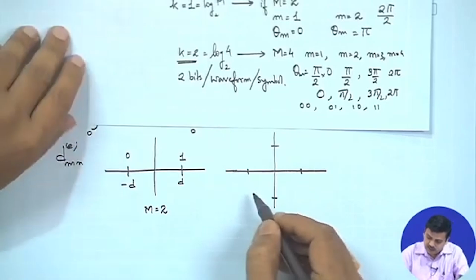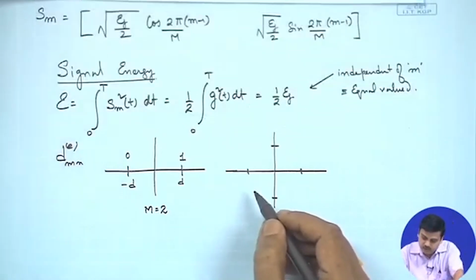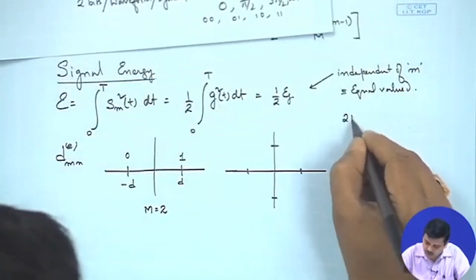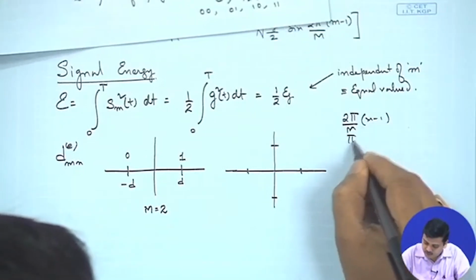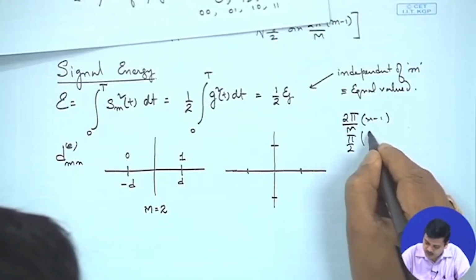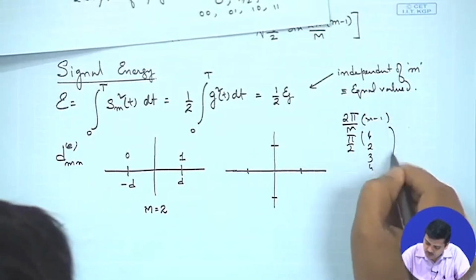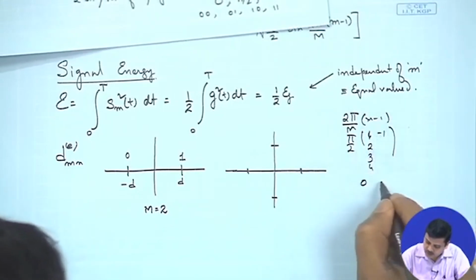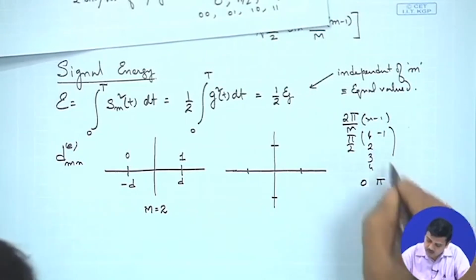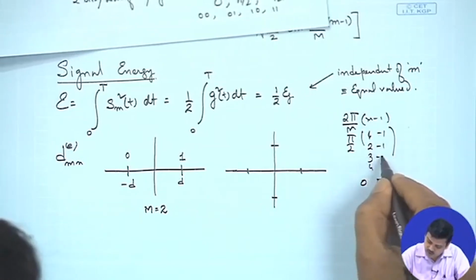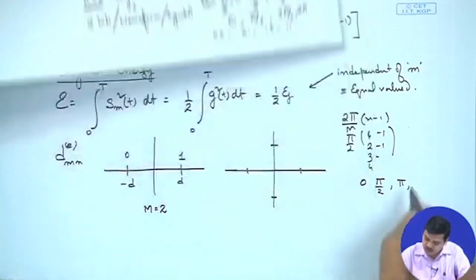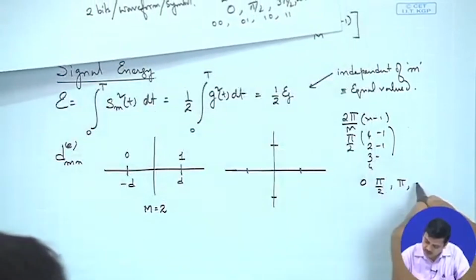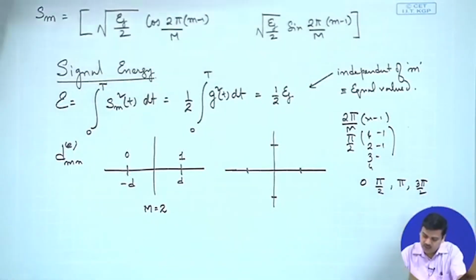These are the 4 phases that we would get. We just need to work it out: 2 pi upon M multiplied by m minus 1. That is pi by 2 multiplied by 1, 2, 3 and 4 minus 1. So, you get 0, you get pi by 2, then you are going to get pi, we made a small mistake there, and then you are going to get 3 pi by 2. So, these are the angles that you are going to get.